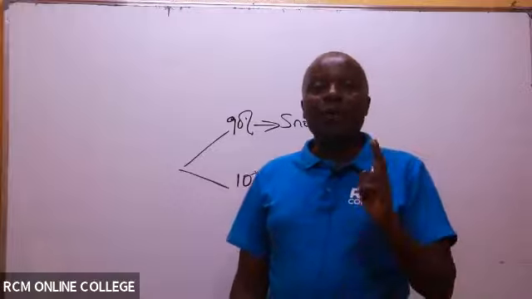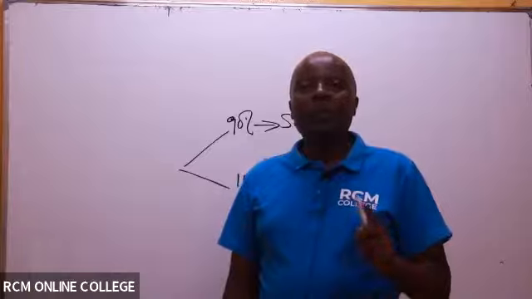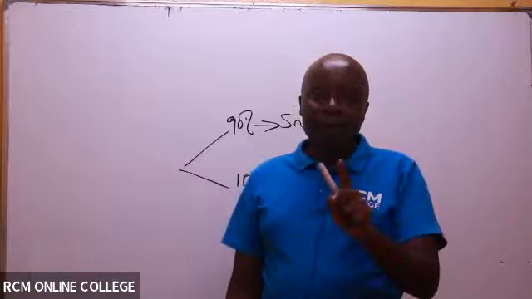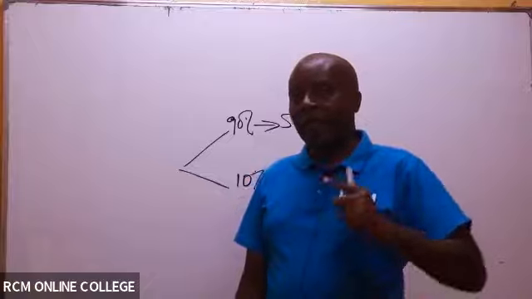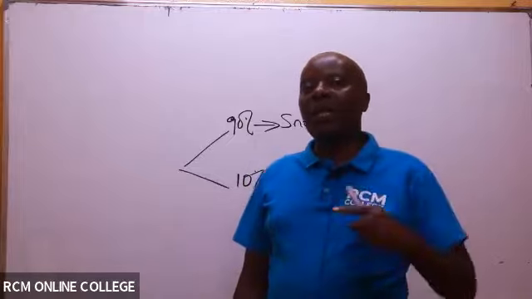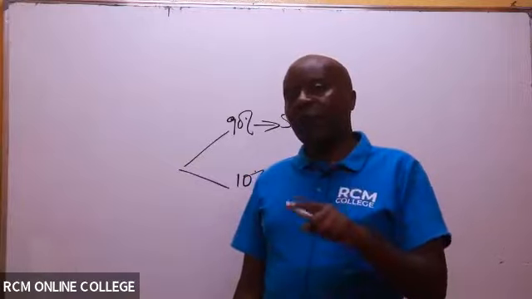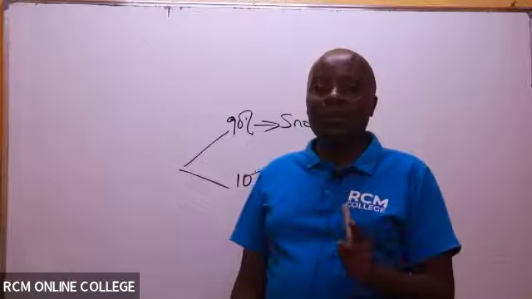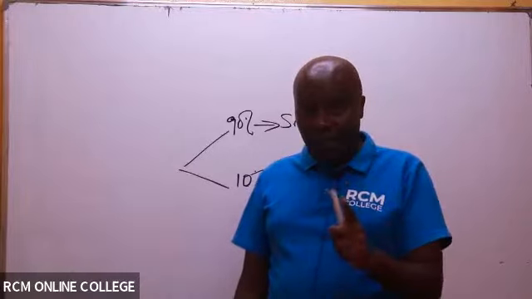Number one, we discussed what we call discounts and premiums. Whenever you are given a discount, it shall be added back to the spot rate. Whenever you're told that the spot rate is given at a premium, then the premium shall always be subtracted.